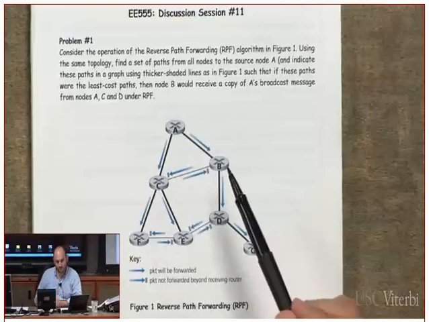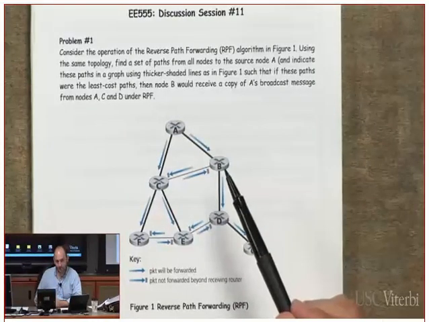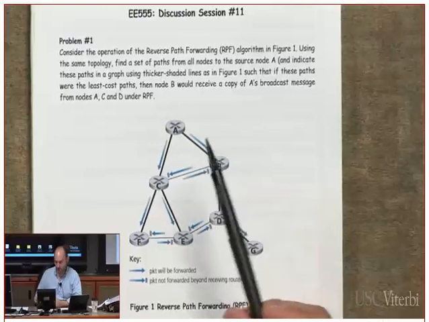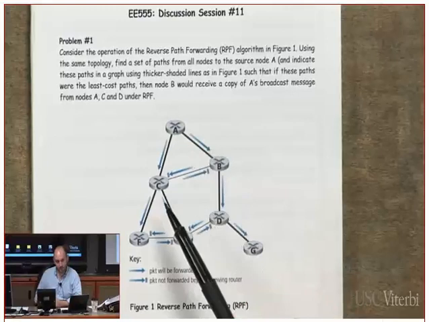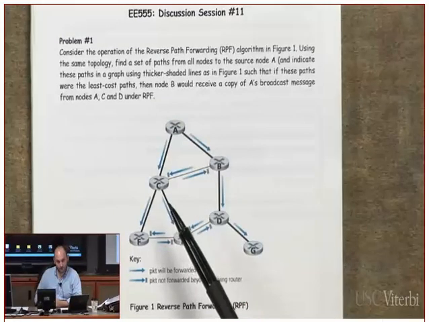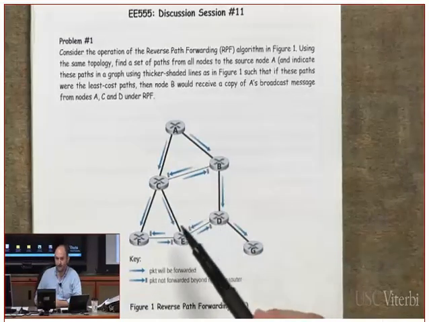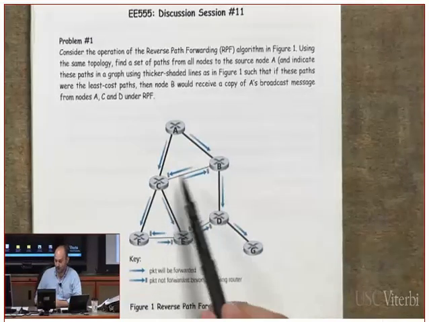So this link over here, in order to forward the packet using RPF, needs to be a minimum cost path. Do you agree? This link here. So C will forward the packet if this link is the minimum cost link connecting. Agree?